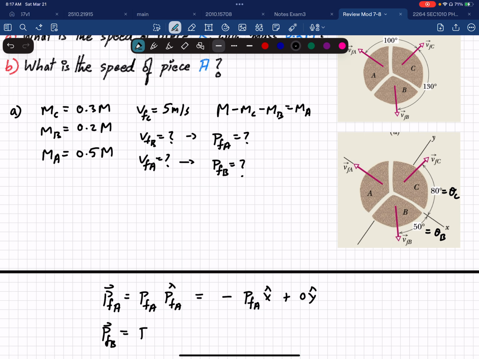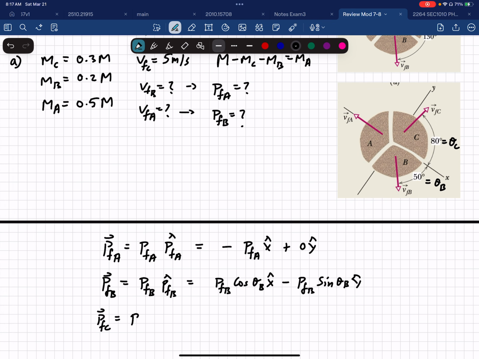PFB, again, it is in what? PFB is in the fourth quadrant. So PFB is PFB cos theta b x hat minus PFB sin theta b y hat.